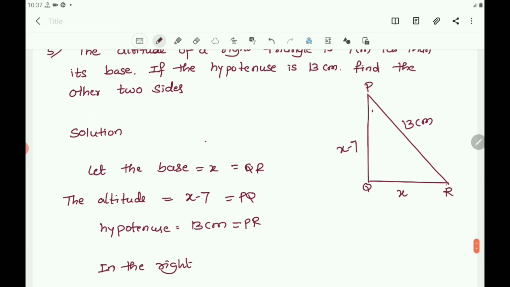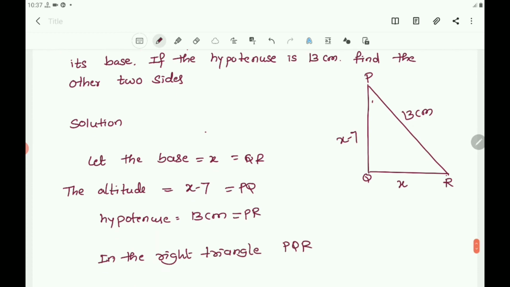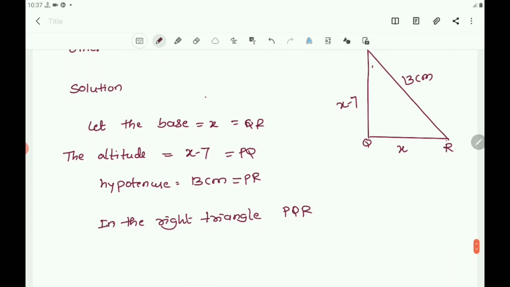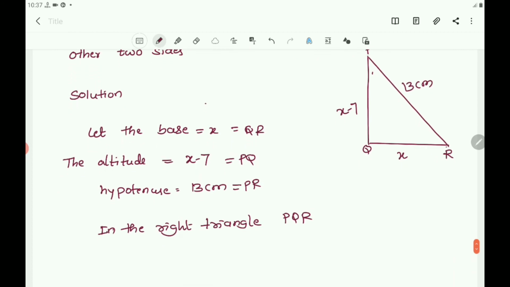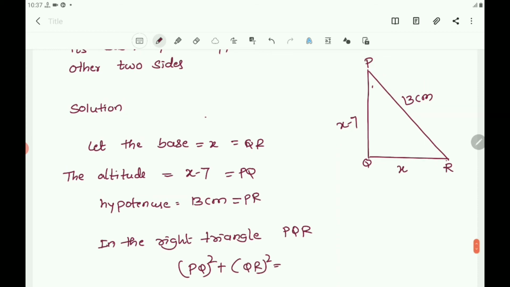In the right triangle PQR, apply the Pythagoras theorem. What is that theorem? PR is the hypotenuse, so you write PQ square plus QR square equals PR square.